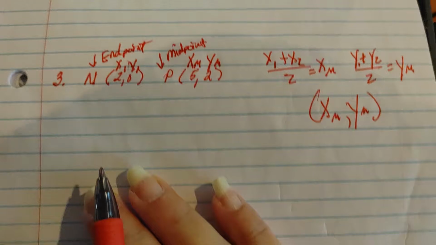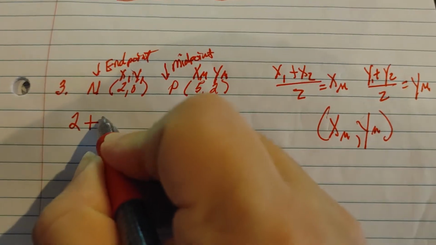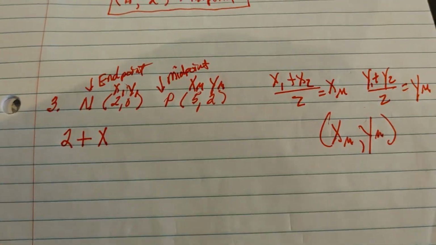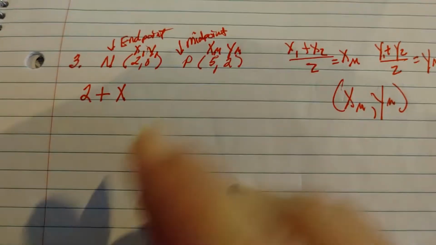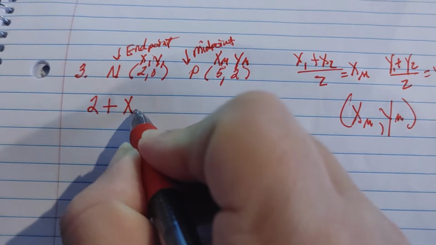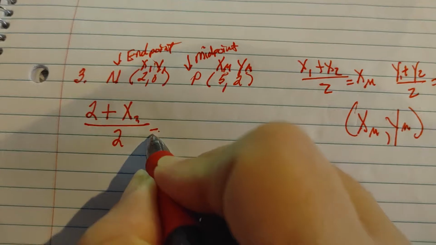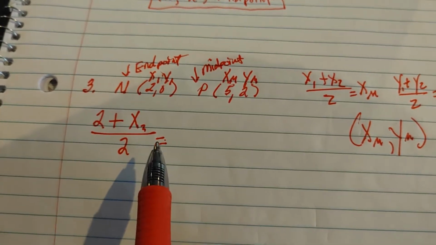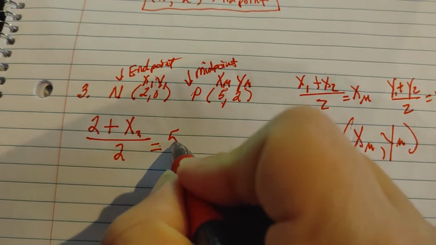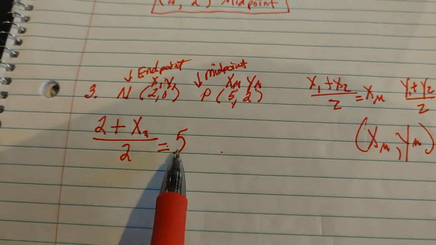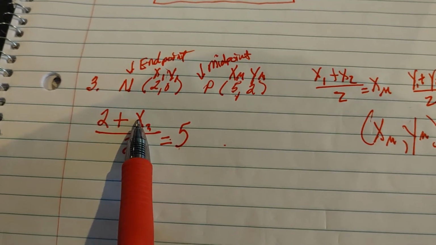So now I'm going to set up the formula. So I have x1 plus x2, which I don't have the x2. That's what I'm solving for. So I'm going to leave that as an unknown because I don't know what it is. Divided by 2 gives me the midpoint x, which happens to be 5. Before, we didn't know what this was. Now we don't know what this is.